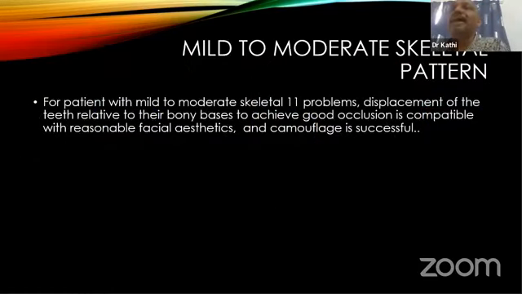Okay. For a mild to moderate skeletal pattern, especially a class 2 problem, we can still camouflage. Displacement of the teeth relative to the bony bases to achieve good occlusion is compatible with reasonable facial aesthetics, and camouflage is successful.